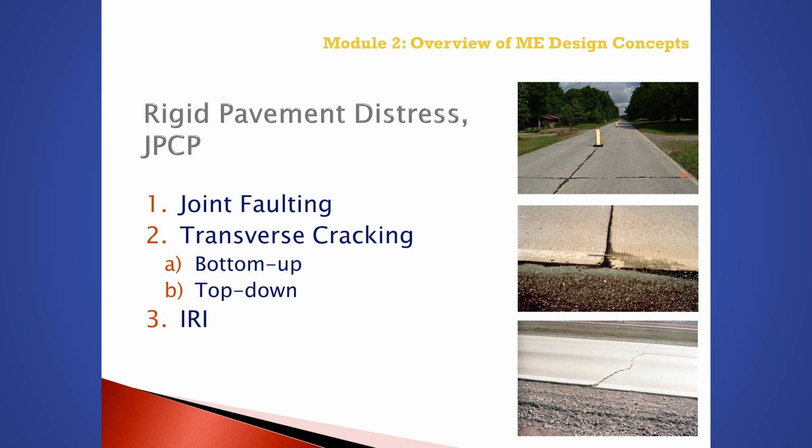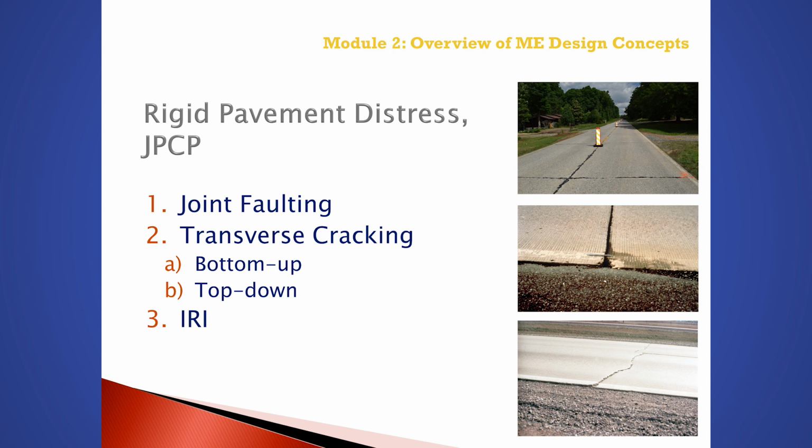The PMED software combines the bottom-up and top-down fatigue cracking, but computes them separately. Mid-slab cracking is considered the fatigue cracks in rigid pavement design and are cracks that occur perpendicular to the pavement centerline. Normally, these cracks are recorded as a number of cracked slabs and reported as total percent cracked slabs.